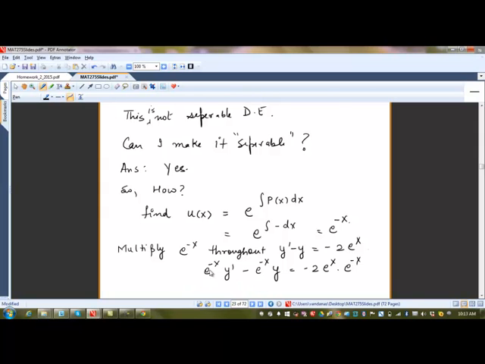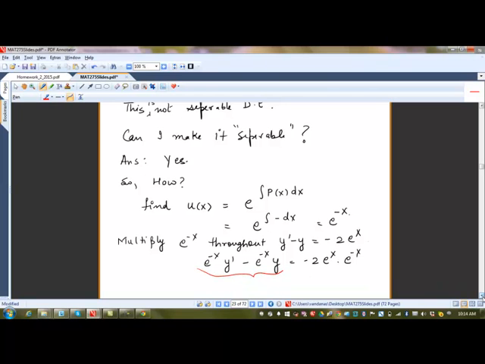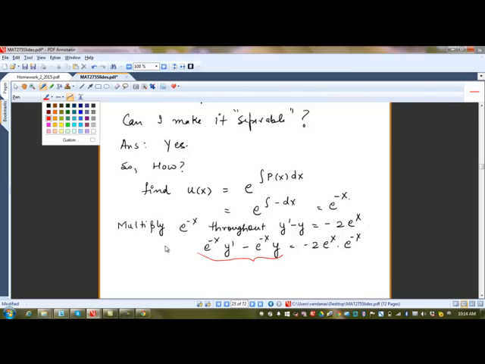E to the power minus x in this whole, what are you noticing on the left? Is it d by dx of what? E to the negative x y.